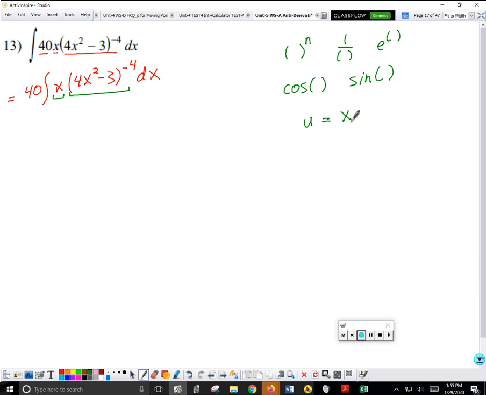When you write U is equal to, you choose one of the two. It's simpler to use the x in this case, but could it also be the parentheses 4x squared minus 3? Again, a few exceptions, but generally you have two choices for U, and both choices are the something as defined in the functions. How can U equal both of them?